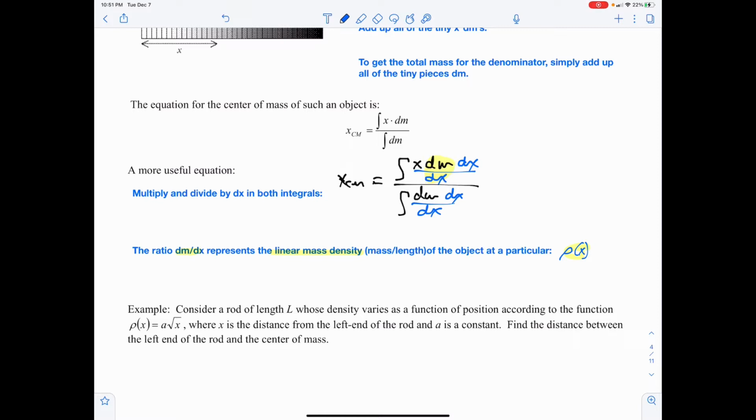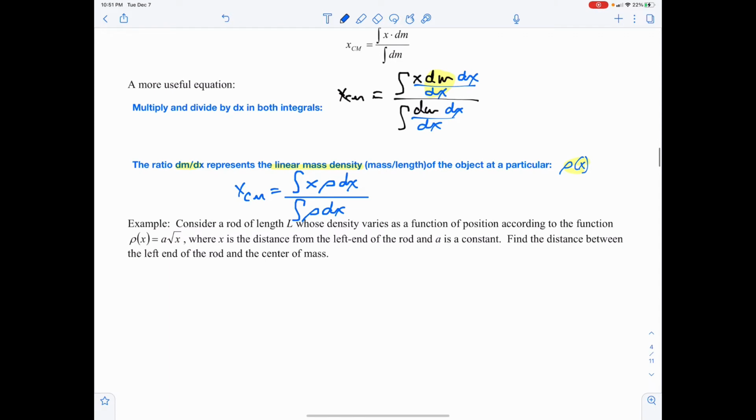And so now you can rewrite this as the center of mass is equal to the integral of x times the linear mass density function, and we're integrating with respect to x, over the integral of the density, again with respect to x. Okay, so this is kind of a bit. Let's go ahead and take a look at an example that shows us how to work this.